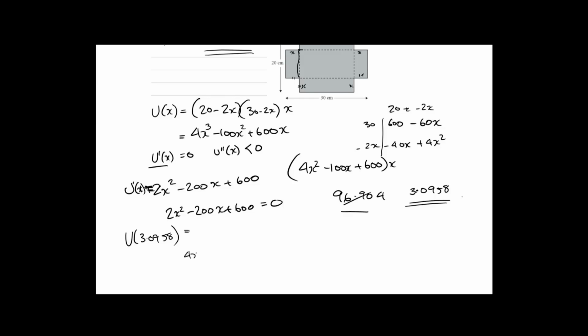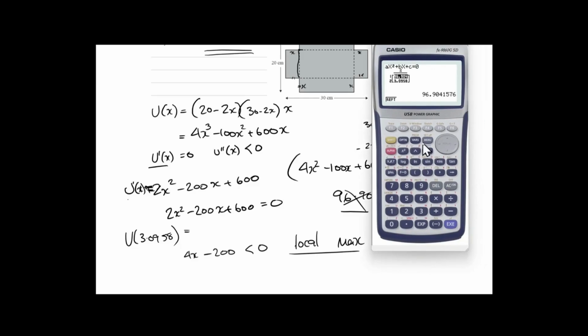It's going to be 24x minus 200. So 24 times some number, that's obviously going to be less than 0. So yeah, it's a local max. This 96.904 business is crazy. But for here, to find the volume, we're just going to put it in our calculator, I think, and find the answer. Might as well.